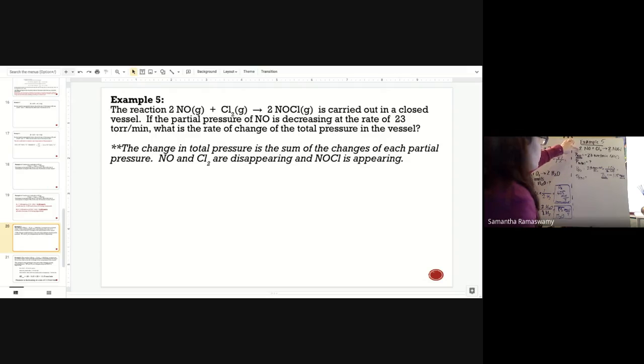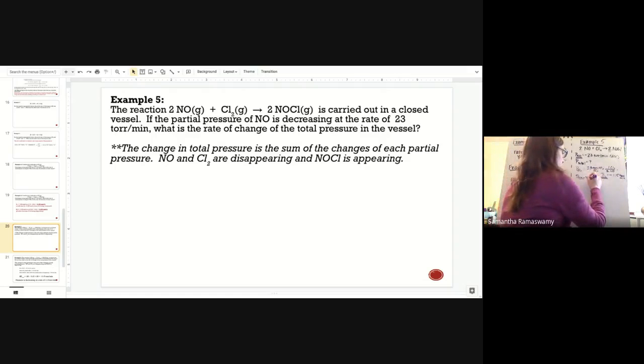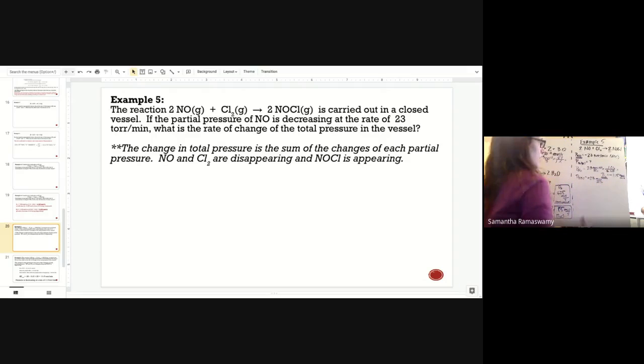So whatever the rate of NO is also the rate of NaCl. However, NaCl is appearing. So NaCl is going to be positive 23 torr per minute. Again, you could set it up like this and start with NO, but it'd be 2 NO and 2 NaCl. So here's our partial pressures, NaCl, Cl2, NO.